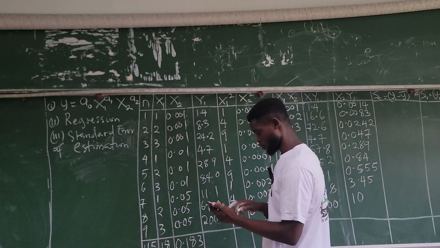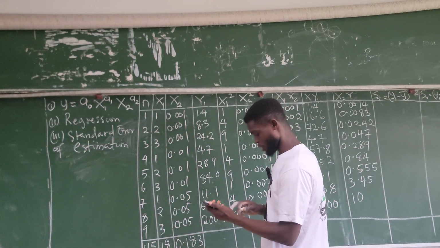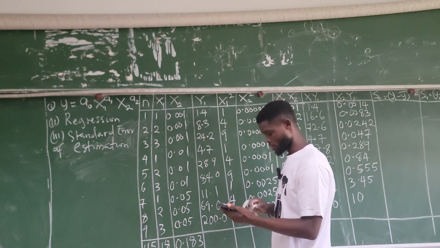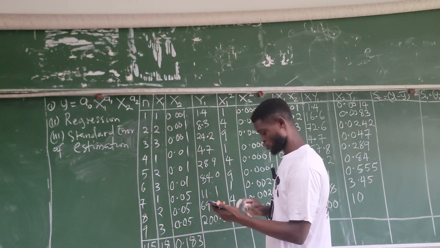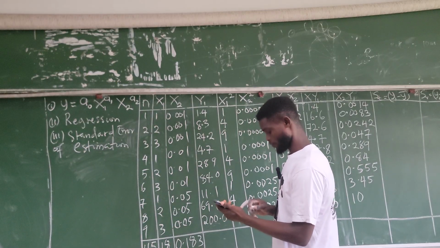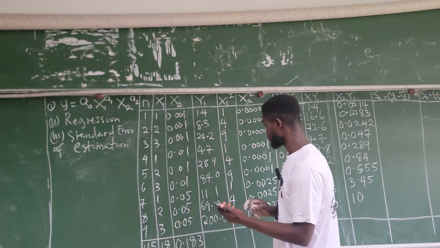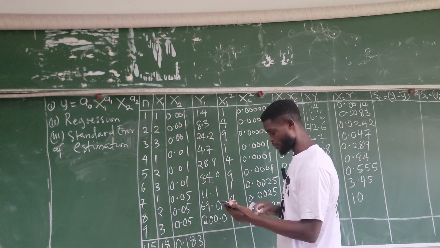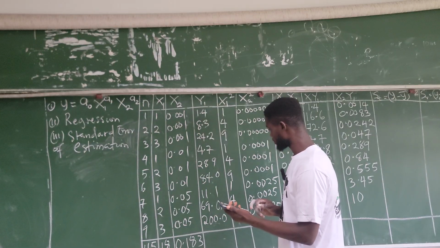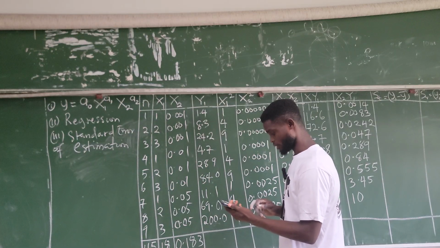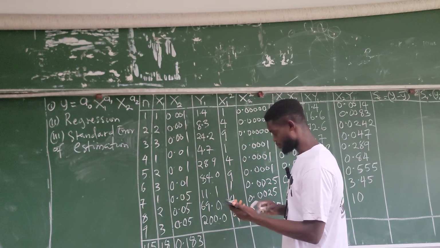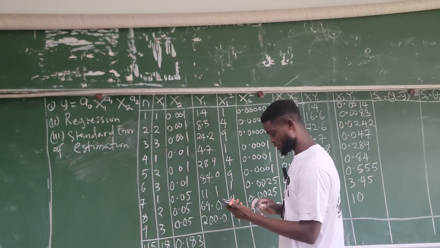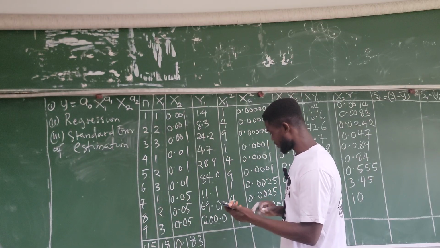Now the summation of y subscript 1 is 1.4 plus 8.3 plus 24.2 plus 4.7 plus 28.9 plus 84.0 plus 11.1 plus 69.0 plus 200.0.